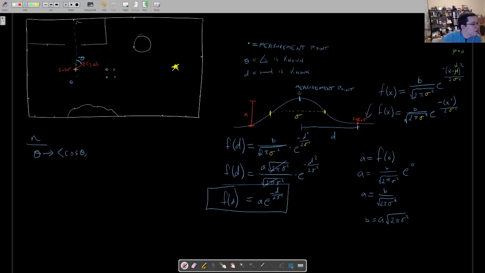But if that guy's moving along that vector, and I am measuring the influence of this point on the robot, then my pointing vector from the robot to that measurement point is cosine theta, and then sine theta.